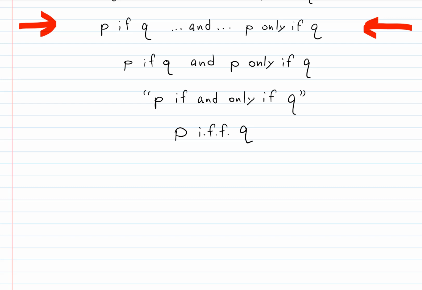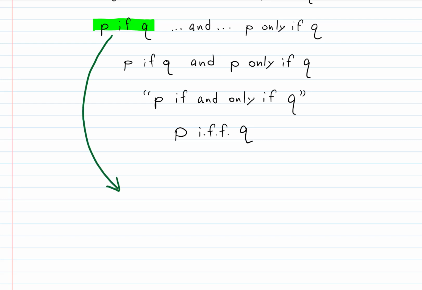Okay? All right, now I want to highlight this. P if Q. That means that if Q is true, P has to also be true. So in order for Q to be true, it is necessary that P also be true.